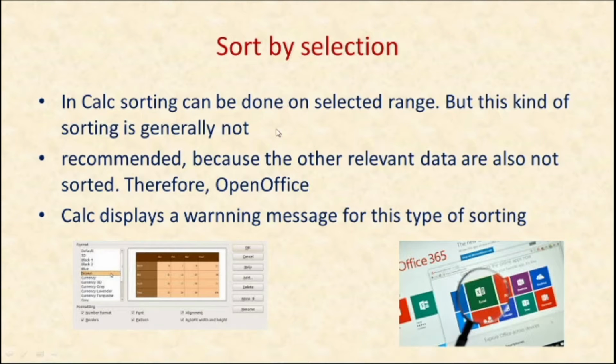Sort by selection means, suppose there are 20 records available in OpenOffice Calc and we have selected only 10 records, only the selected records will be sorted and the remaining records will not be sorted. So the result will not be accurate. So this type of sorting is not recommended in OpenOffice Calc.